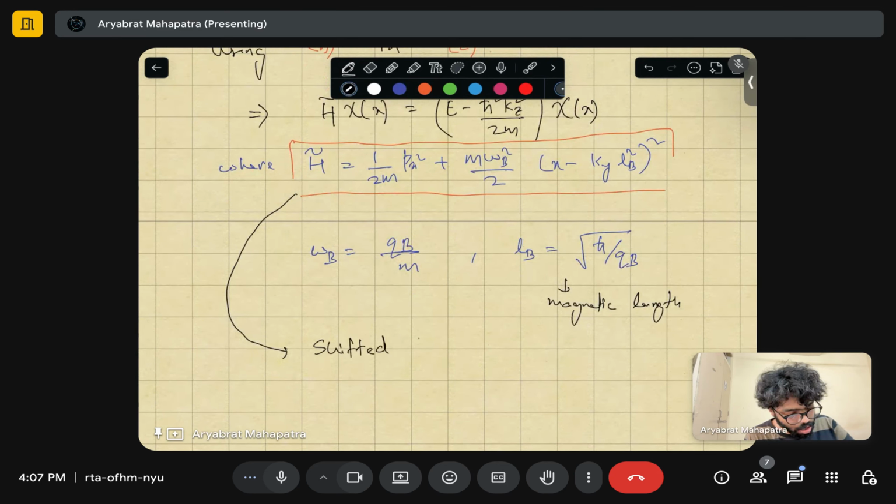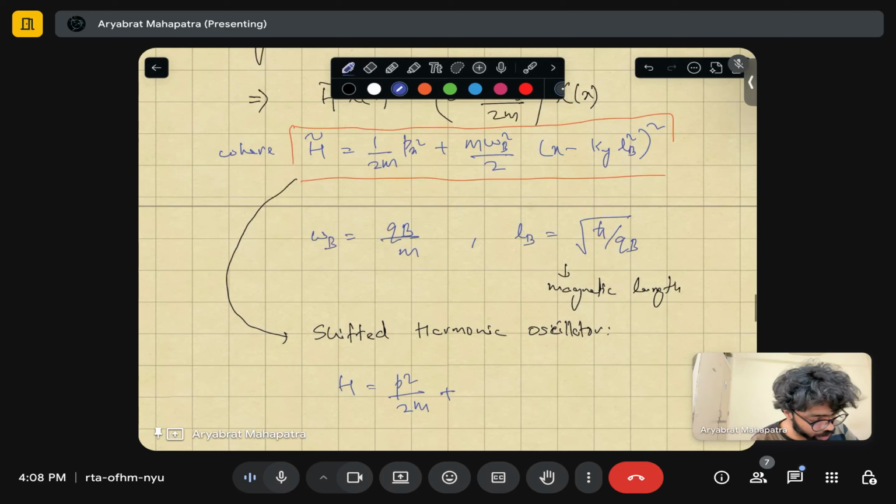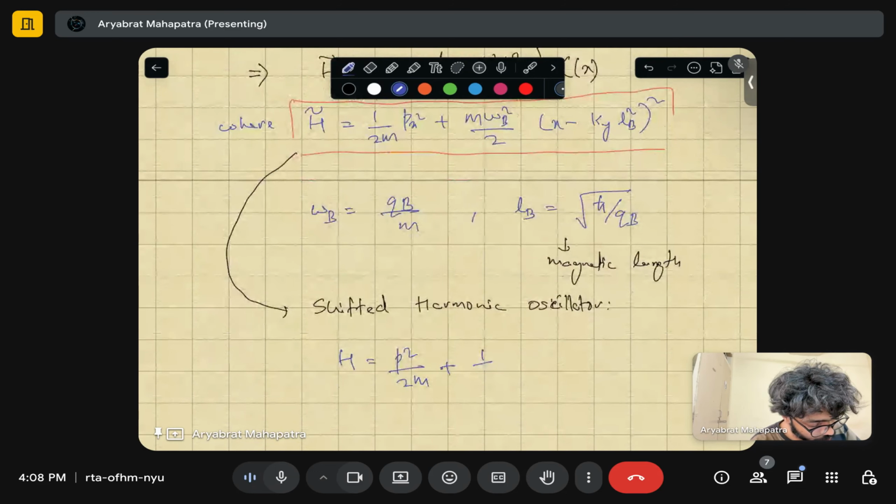For a shifted harmonic oscillator, if you recall, the Hamiltonian used to be p square over 2m plus, let's say I'm only talking about one direction, 1 over 2 m omega square times x minus x naught, whole square.